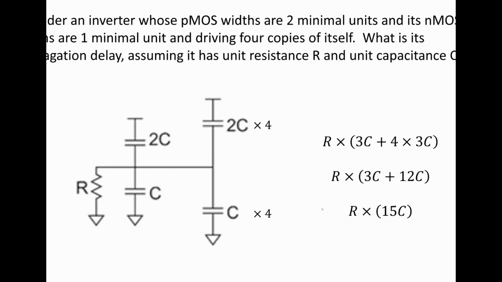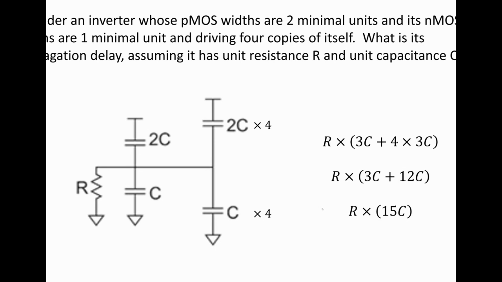But it has an effective resistance R, and then it has an output that has capacitors on the diffusion areas of the pull-up and pull-down transistors. So those would be 3C in total, because you've got 2C on the PMOS and 1C on the NMOS. And then it has a load.